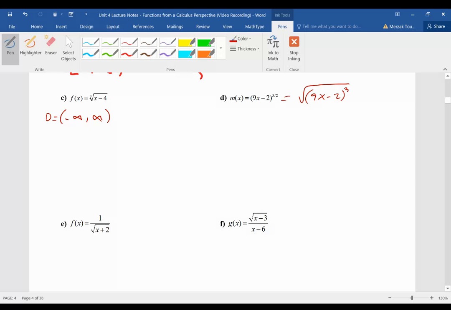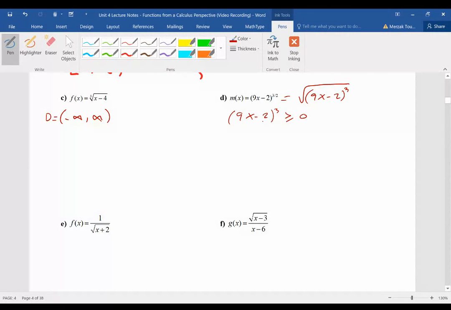So it is an even nth root. It's not odd. So we have to make sure that the radicand is positive. (9x minus 2) cubed has to be greater than or equal to 0.